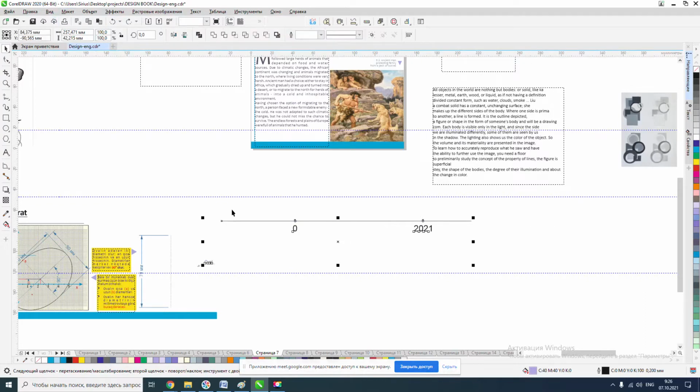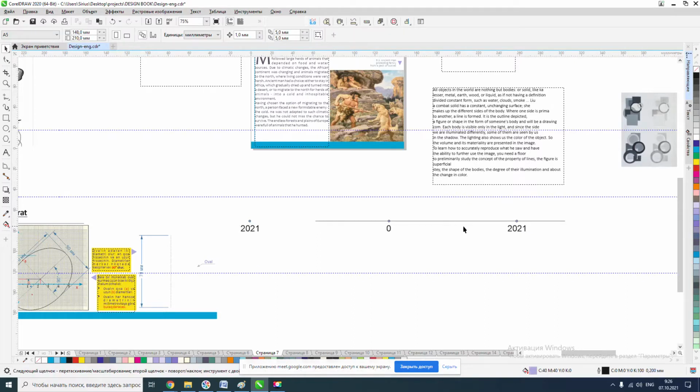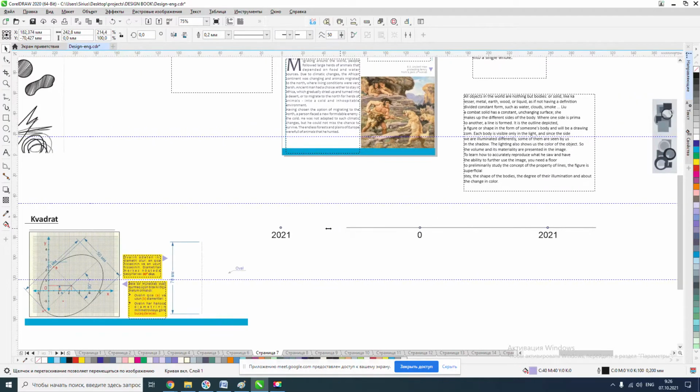Actually, I don't understand anything. Let's imagine I put some date. Today is the 2021st year, yeah? And let's imagine that we have something like this, minus 2021. Is it real or not? Is it normal to have those kinds of numbers?